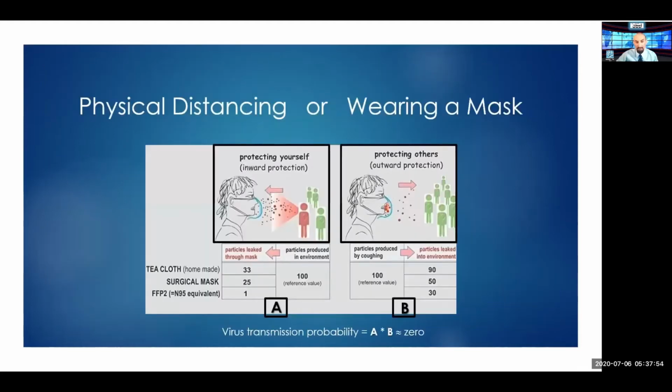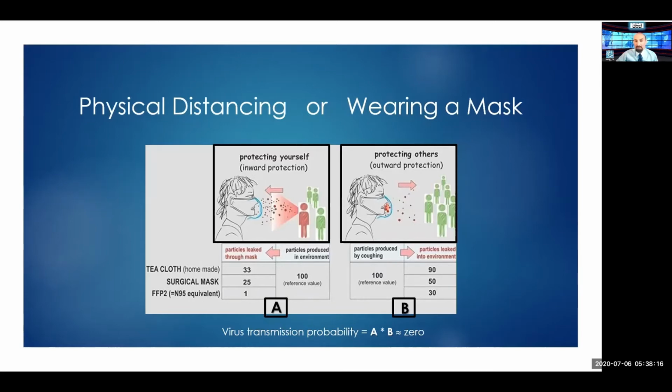One more remark regarding physical distancing and wearing a mask. We are led to believe that both are required, but science tells us that physical distance is required because this is the range of the droplet.